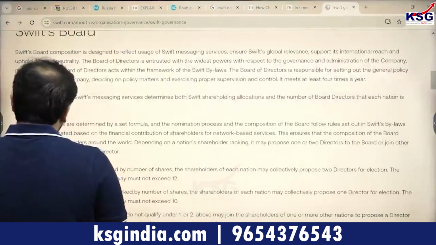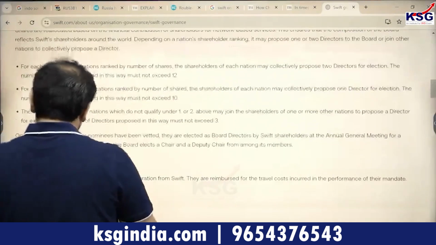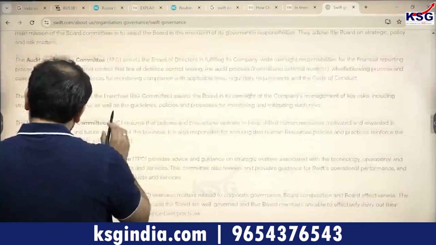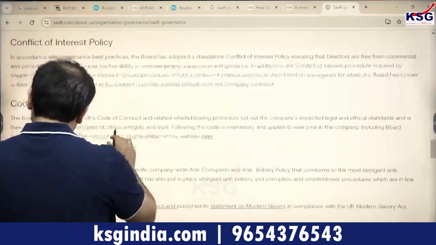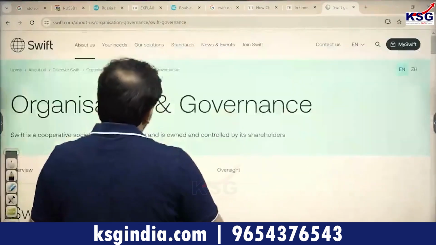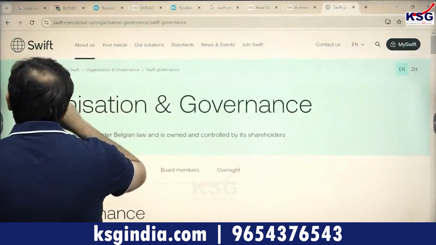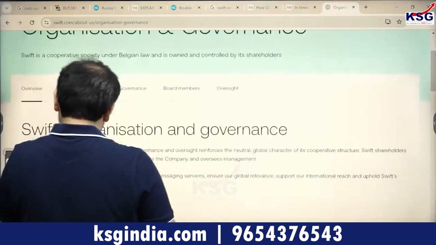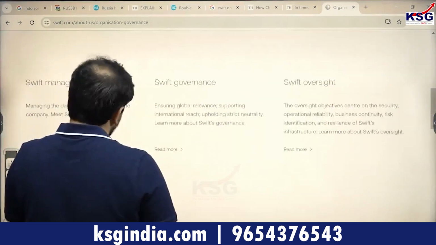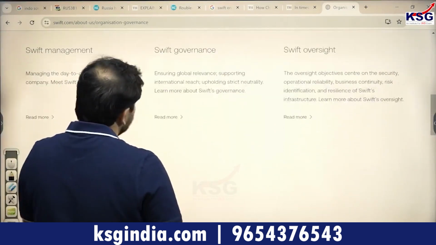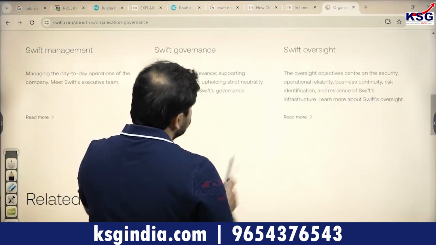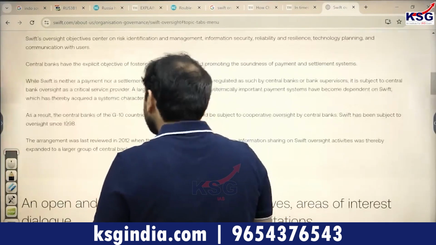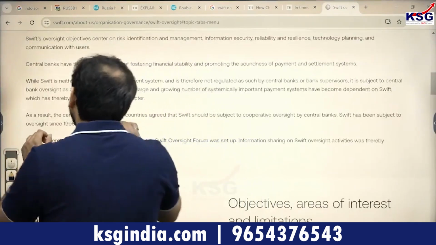Now, a little bit of an understanding of how SWIFT is governed; let us take a little bit of a reading about it. Take a look at this.